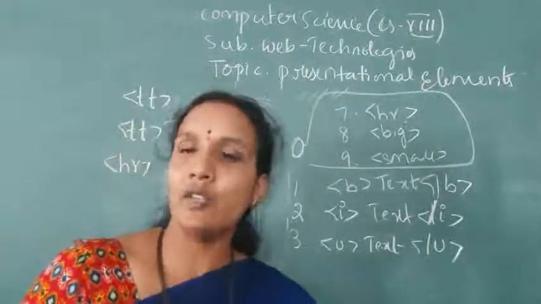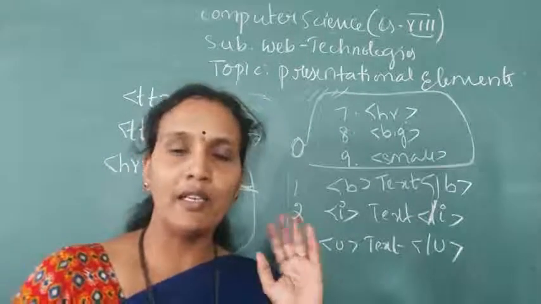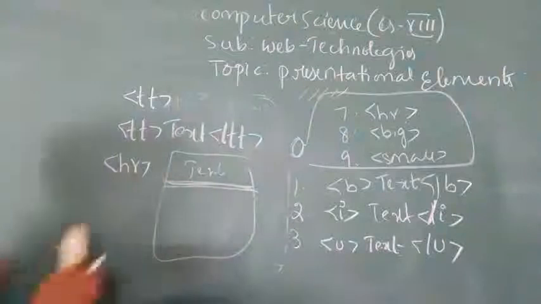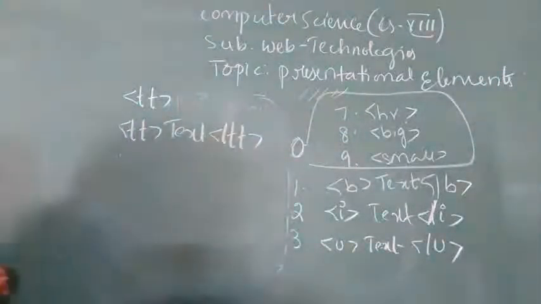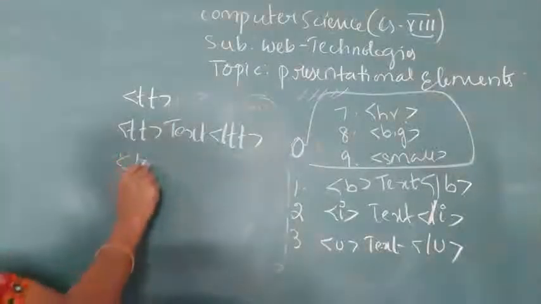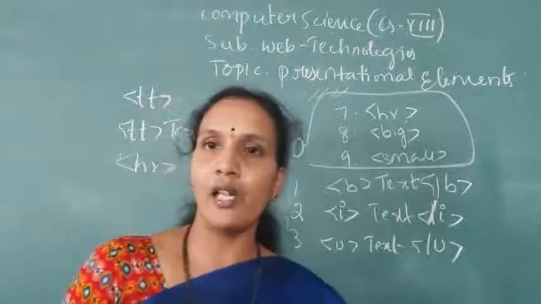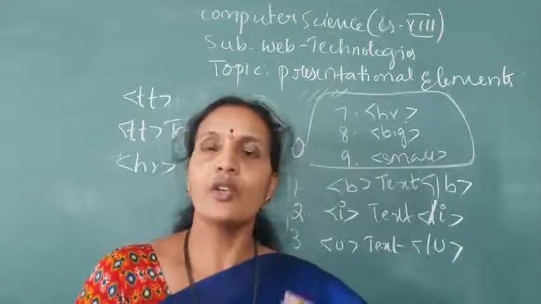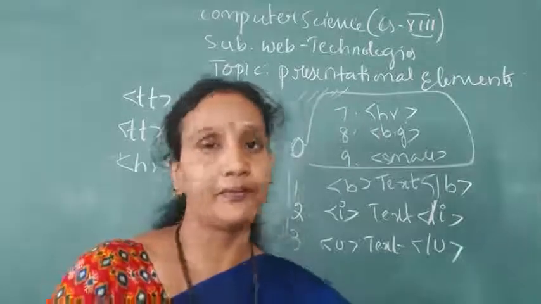So what is the use of the HR tag here? It will display the horizontal ruler. Understood? And it will display from left to right. Wherever you want to display a horizontal ruler, just include the HR tag. So wherever you have written the HR tag, in that particular line, a horizontal ruler will be displayed. Wherever you want the ruler, there you just include the HR tag.